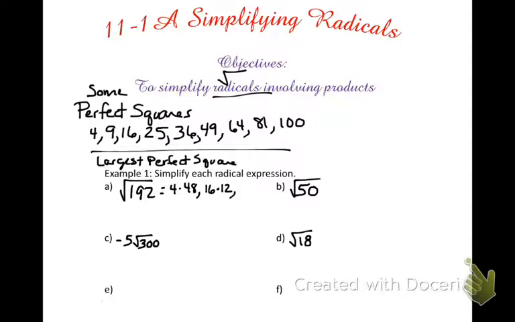So let's see if 64 can go into 192. It can. It's 64 times 3. Well, I know 3 is not a perfect square, and there's no perfect square that can go into 3, so 64 is my biggest perfect square that can go into it.